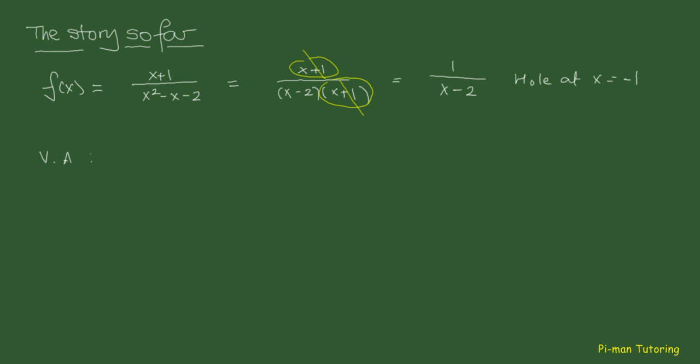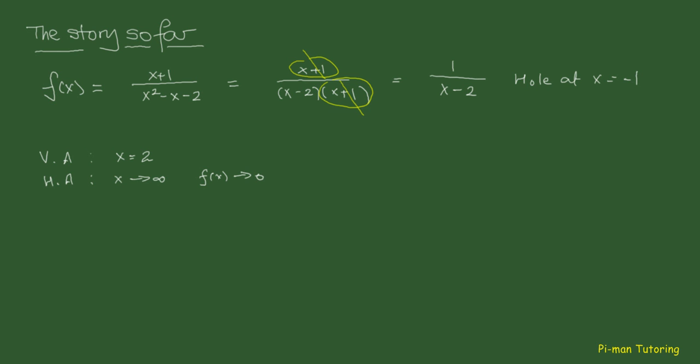Well, in this case we know that when x equals 2, the denominator becomes 0, and so we have a vertical asymptote at x equals 2. We look for horizontal asymptotes, and in this case, as x tends to infinity, we can see that f of x tends to 0.